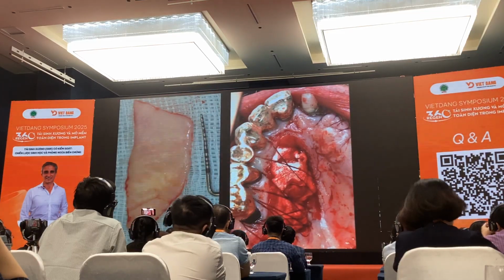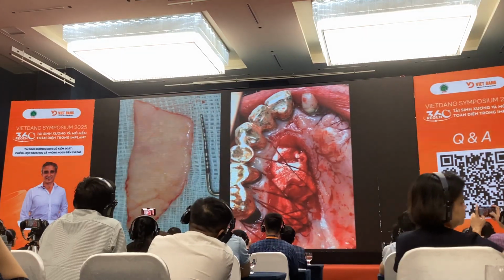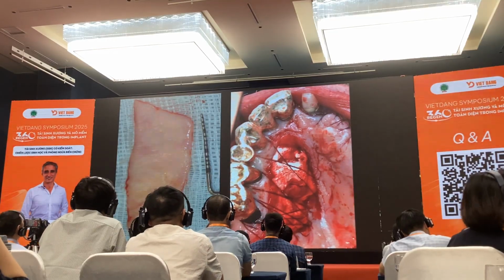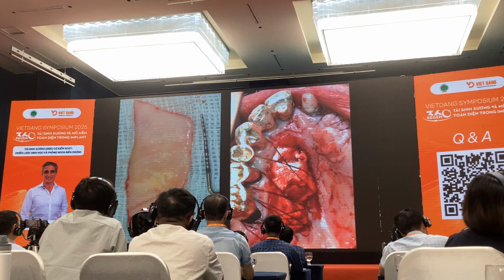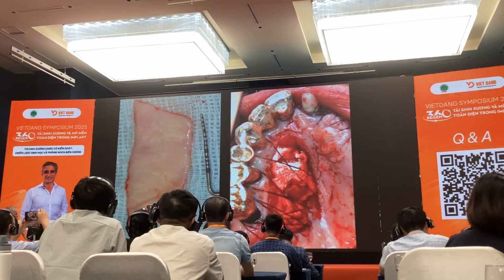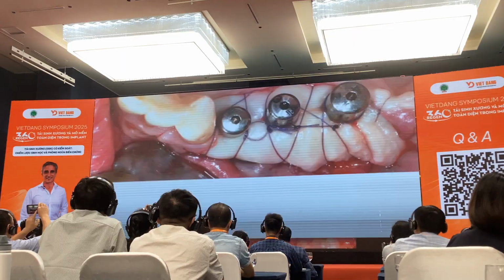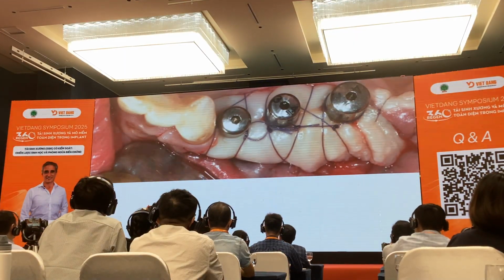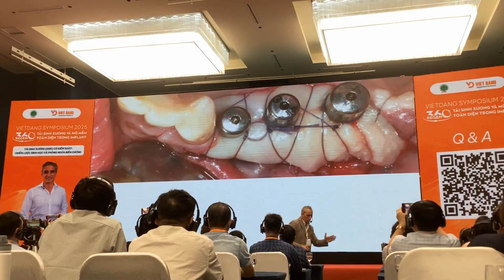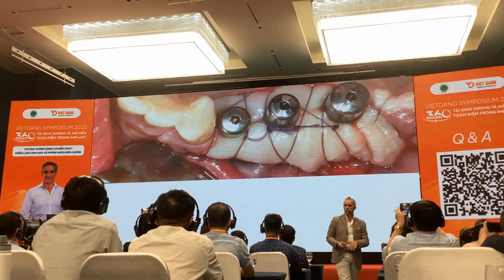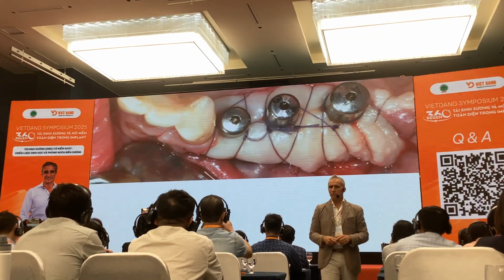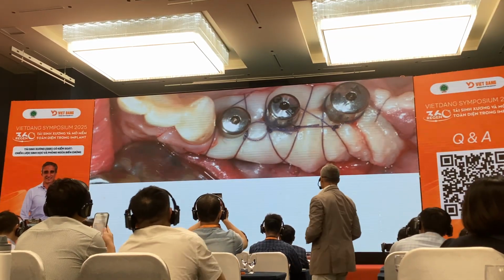And then, naturally, we have to prepare the template. We define the ideal dimension and shape of the graft that we have to harvest in the palatal area. And then we place the graft, in this specific case on the lingual, occlusal, and buccal side, in order to restore perfectly in a three-dimensional way the missing keratinized tissue band.